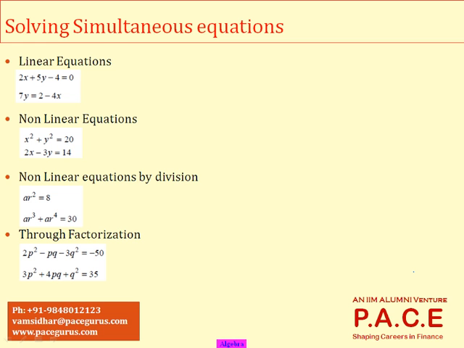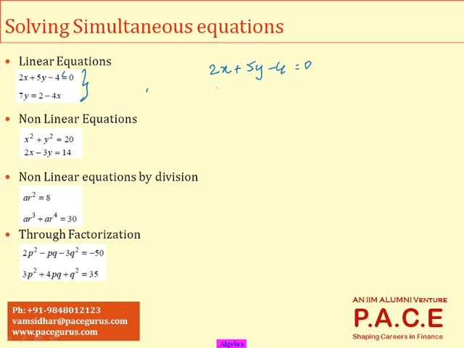Then the next set of things that we need to be comfortable with is solving simultaneous equations, which is nothing but two variables given in the equations, and I have to find the two variables. Let's look at them in linear form like this: 2x plus 5y minus 4 equal to 0, and 7y equal to 2 minus 4x.